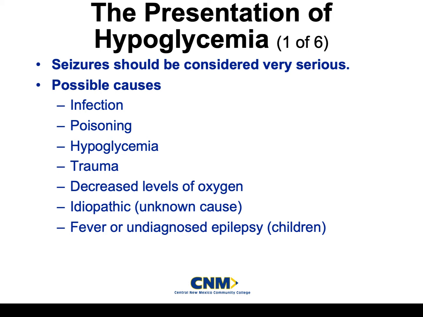Possible causes, again, for the hypoglycemic. Infections, okay, specifically for our diabetic patients. Possible poisonings, maybe if somebody doesn't really have a history of diabetes and for whatever reason they're hypoglycemic, could be a poisoning.